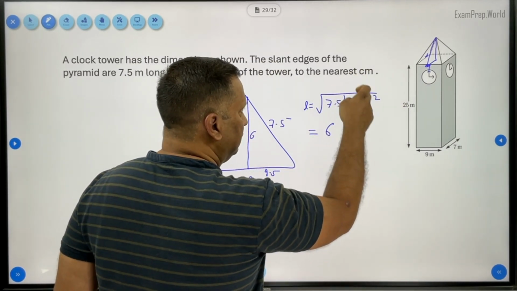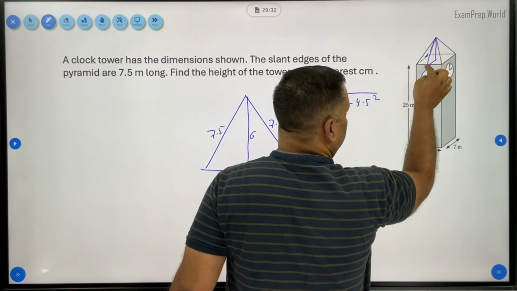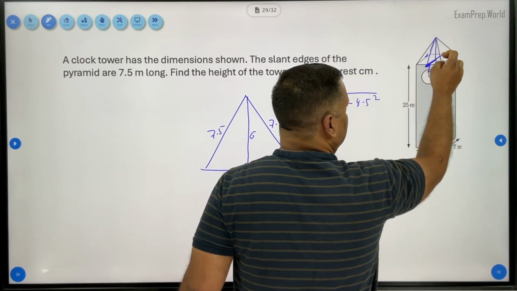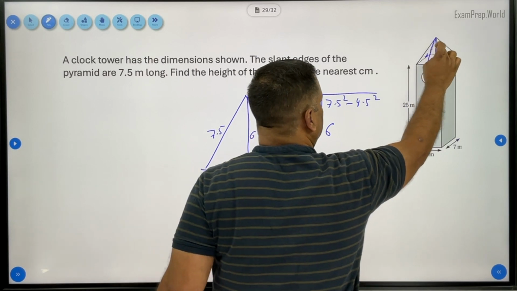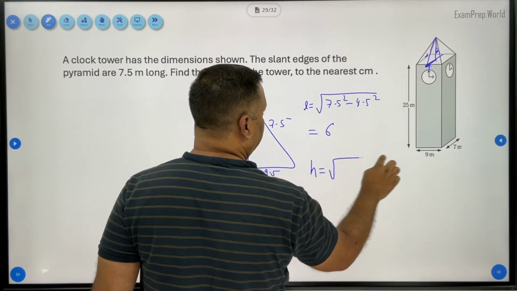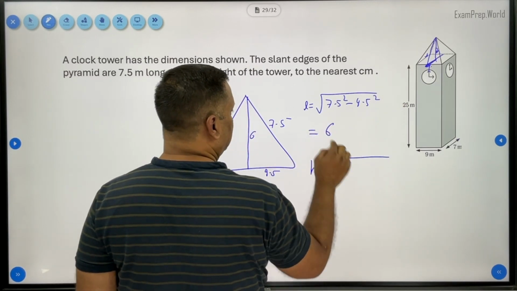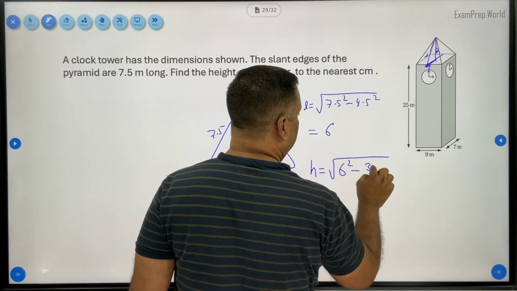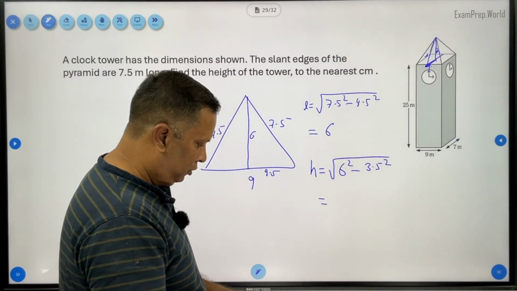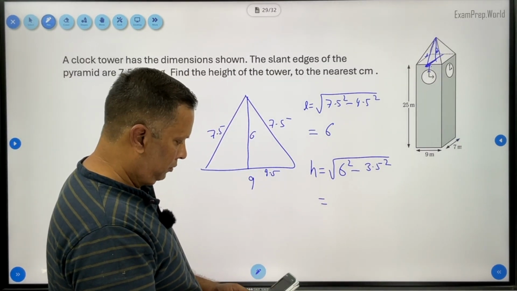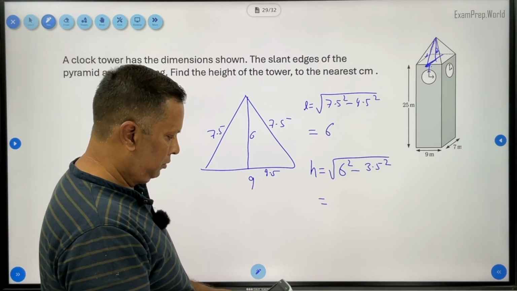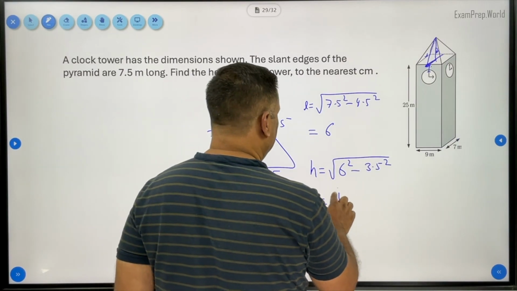Now look at that pyramid. How much depth is it from here to here? 7 divided by 2 because the whole thing is 7. So this is 7 by 2 and this is h. So now the height of the pyramid is equal to root of slant height, which is 6 square, minus 3.5 square. So this is how much? 4.87 meters.